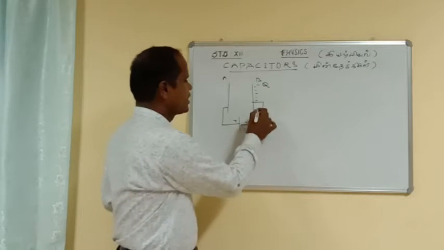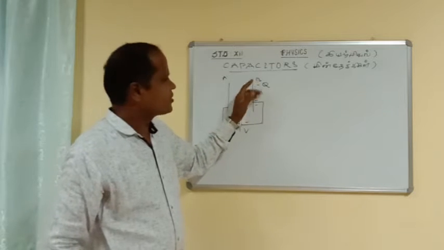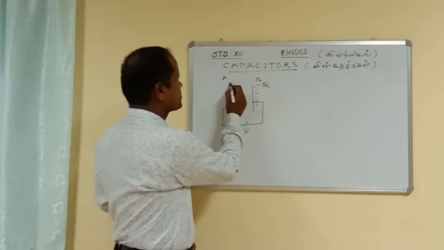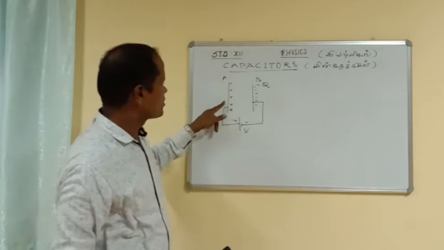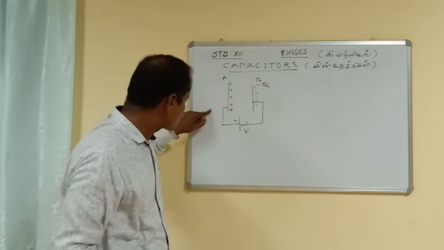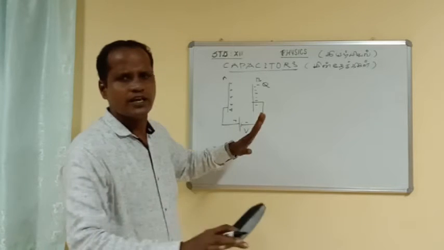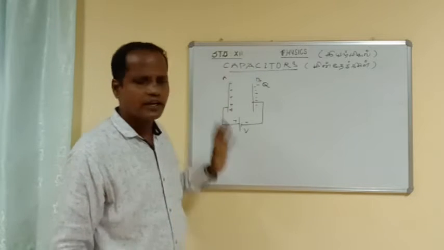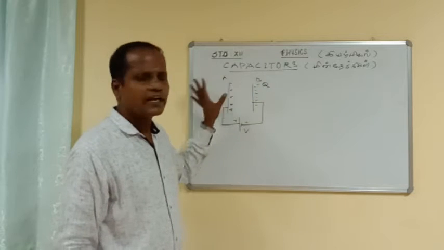At the same time, this B will repel positive charges, so these positive charges will be coming here. At the same time, an equal amount of negative charges will be developed here, and these will be attracted by this positive terminal. In equilibrium, this will be getting positive charges, this will be getting negative charges. Okay, so this is the capacitor.